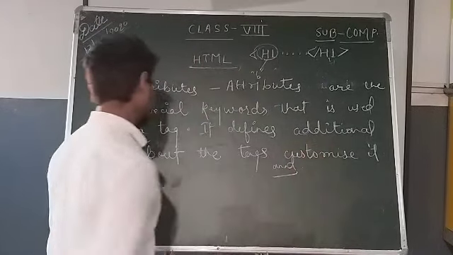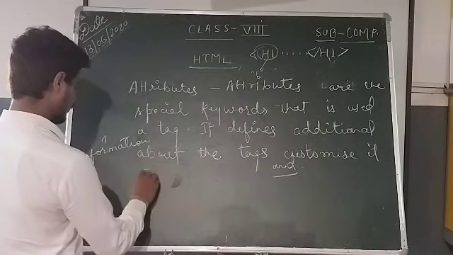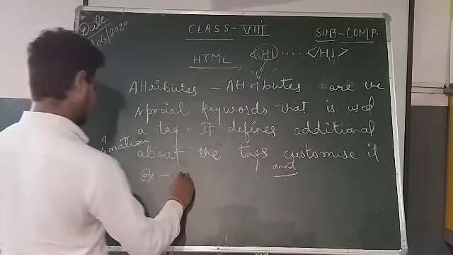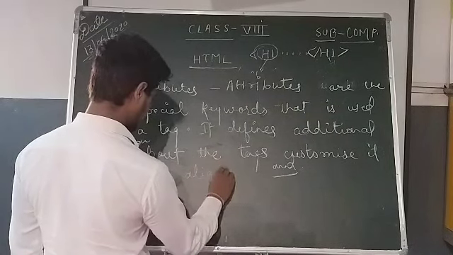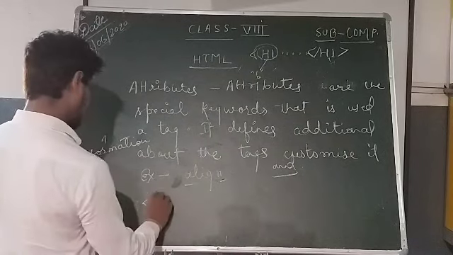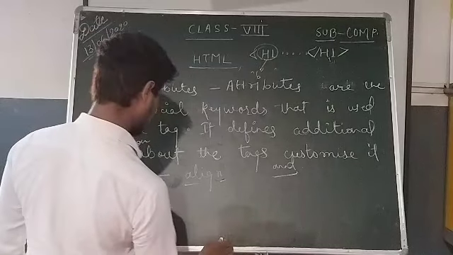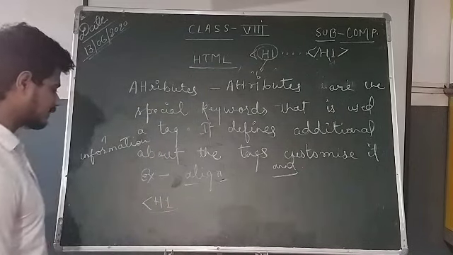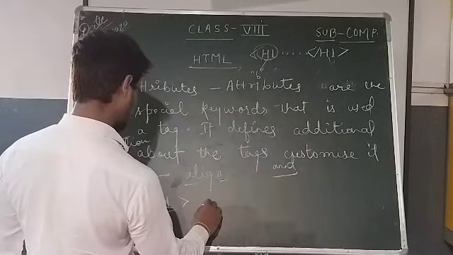Now we will take an example so you can understand better. An example of an attribute is align. H1 is the HTML tag, and it stands for the heading size.